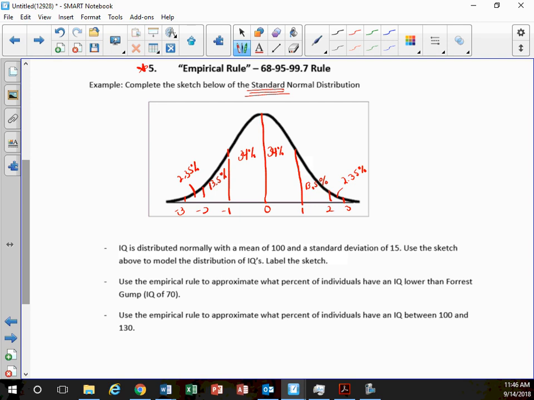Close. 0.15. So your tiny little tails there are 0.15%. All right, so if you're talking standard normal curve, that's what you're looking at.